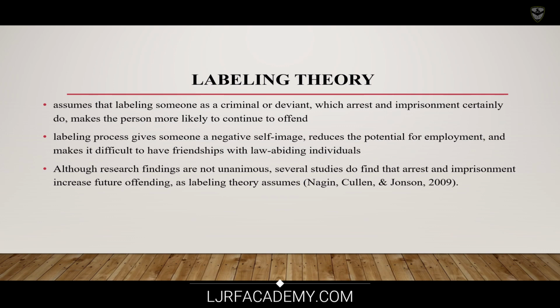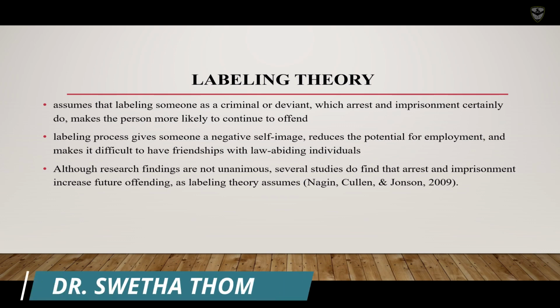Obviously, we have seen that anyone who has been convicted for a case or has gone to jail and has gotten back is not going to be accepted into society like before, right? They might not get jobs, they might not get relationships as such, there might be people who would avoid them, all of those things.